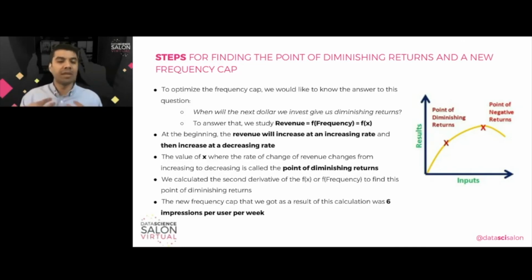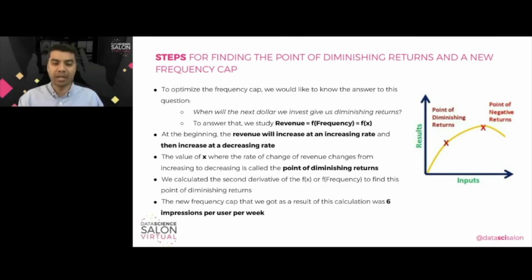Because if I'm seeing more impressions, that doesn't mean I'm going to convert more. So it's basically a function that has to be defined as a function of frequency. The value of x, where the rate of change of revenue changes from increasing to decreasing, gives us the point of diminishing returns. We calculated the second derivative of the function, that is frequency.